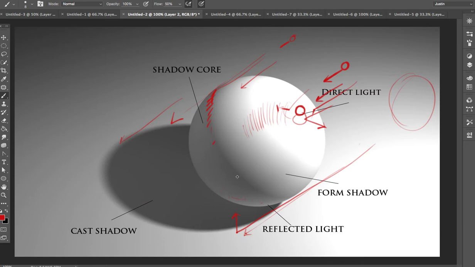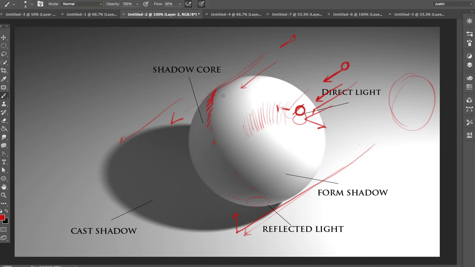And the shadow core is usually going to be slightly darker because the reflected light is going to be stronger here, as you can see, than it is here at the shadow core. So you have a key principle that comes up from all of this. And that key principle is the lights in the dark are always darker than the darks in the light.